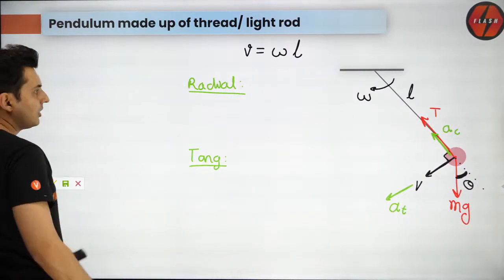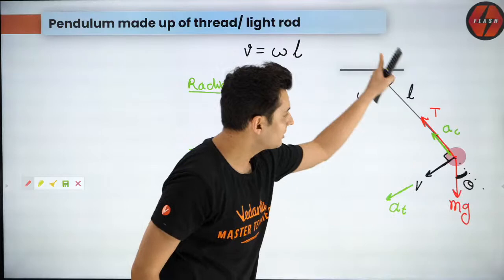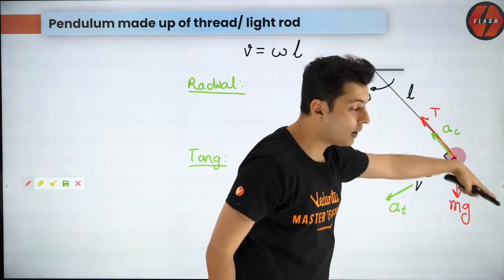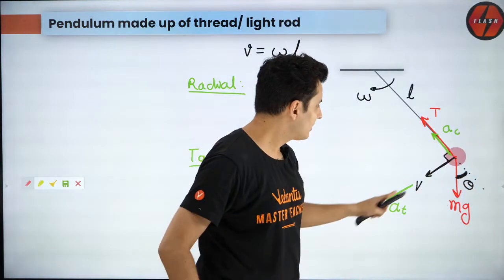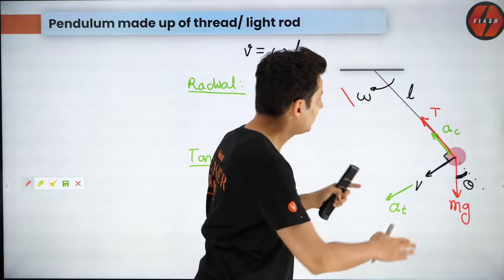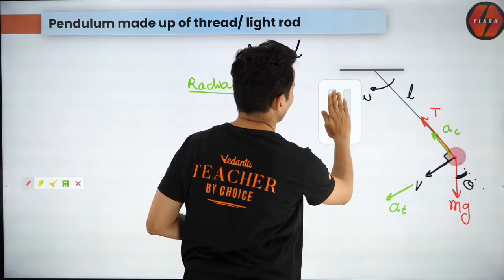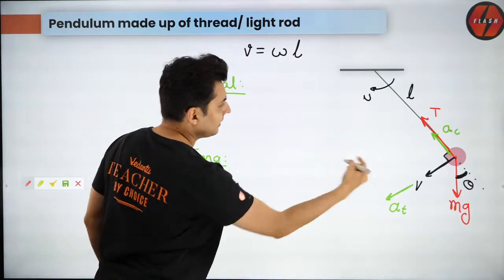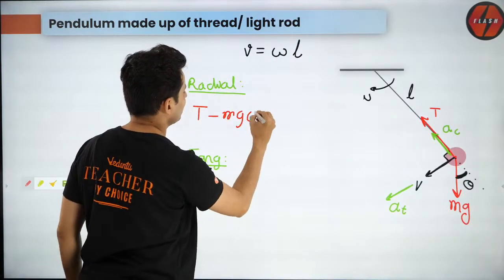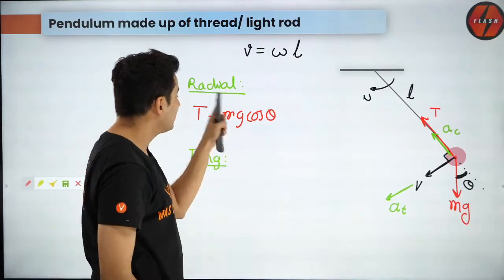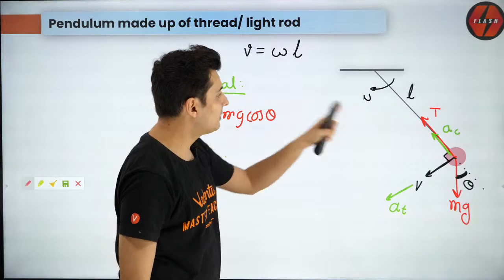So first let's talk about the radial direction. In the radial direction, what is there? The tension, and mg's component, that's all. There is nothing else over here. Don't worry about the tangential part, only worry about the radial part. So whatever is there is just tension and mg's component, mg cos theta. So this is the net force. And why did I do tension minus something, and why not mg cos theta minus something?